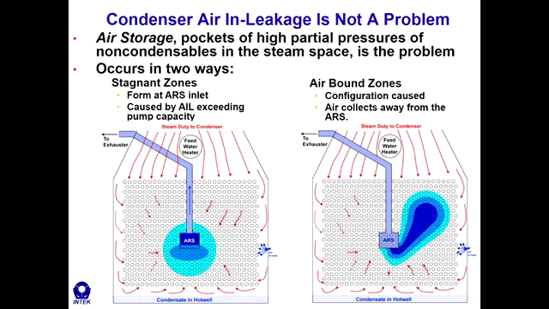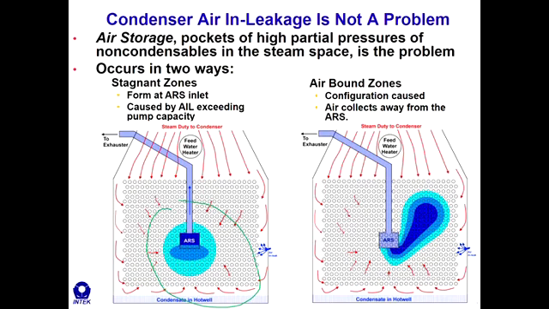Pictorially, I have a condenser shown here on the lower left. Here's a condenser shell with a bank of tubes. You can see the air removal section here in the center region, and a stagnant zone forms in and around this air removal section. If your vacuum equipment capacity decreases, this stagnant zone will grow to a larger size.